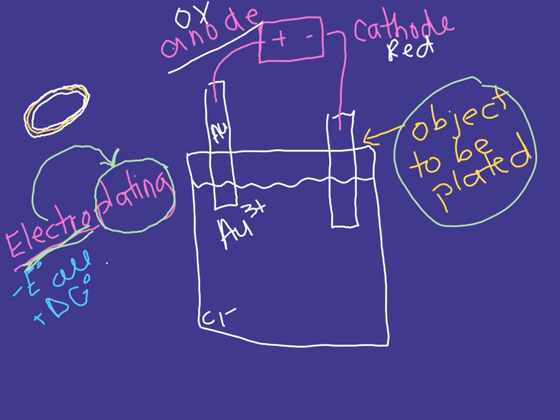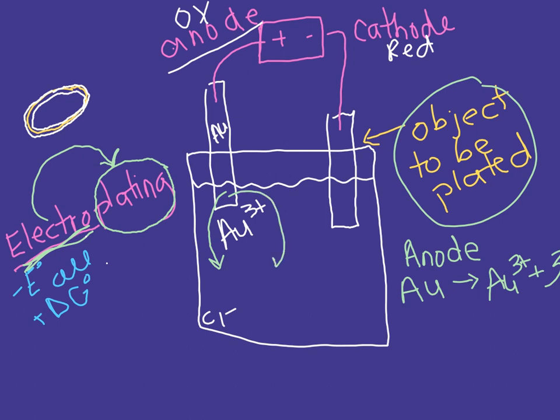So what's unique about electroplating is that at the anode, this is our reaction at the anode, the Au metal loses 3 electrons, becomes gold 3+, and so I'm going to draw the arrows because this is going into solution.